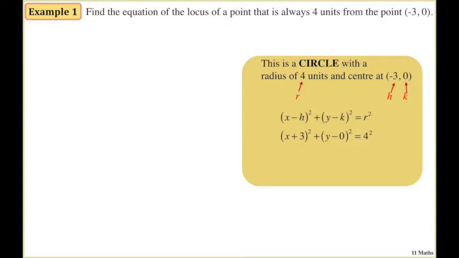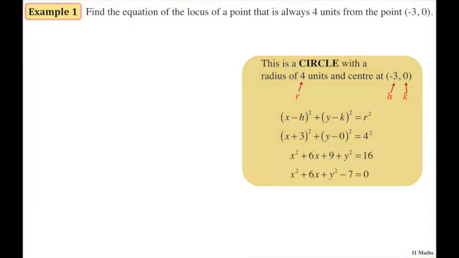Then we look at the next part. (y take 0) squared just becomes y squared. And 4 squared is 16. So there's where we generate our expansion.